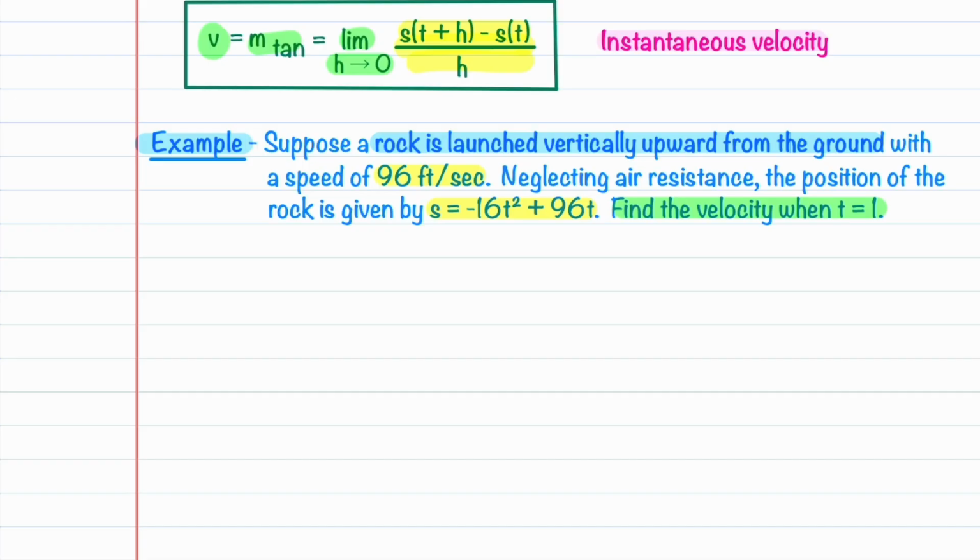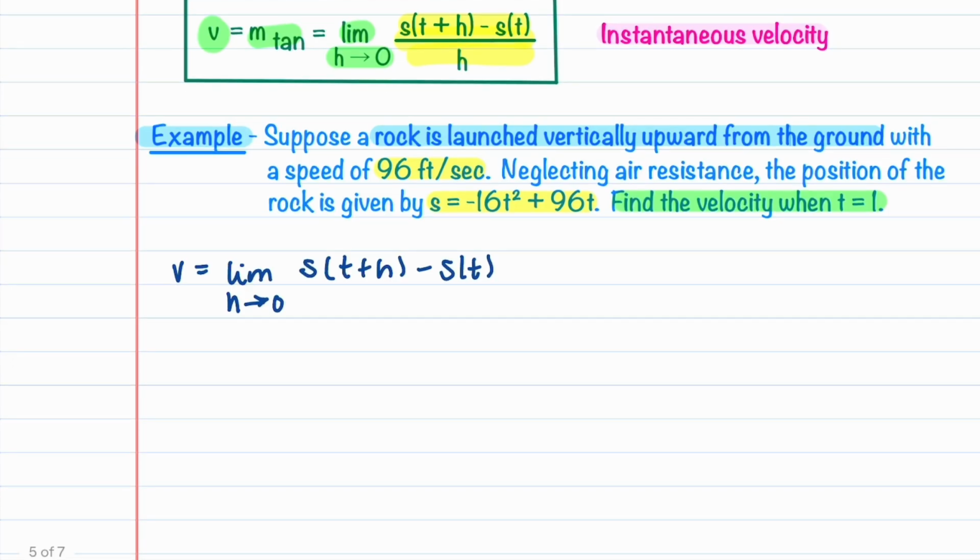Let's begin by writing down our formula. Our velocity is the limit as h approaches 0 of s of t plus h minus s of t, all divided by h.